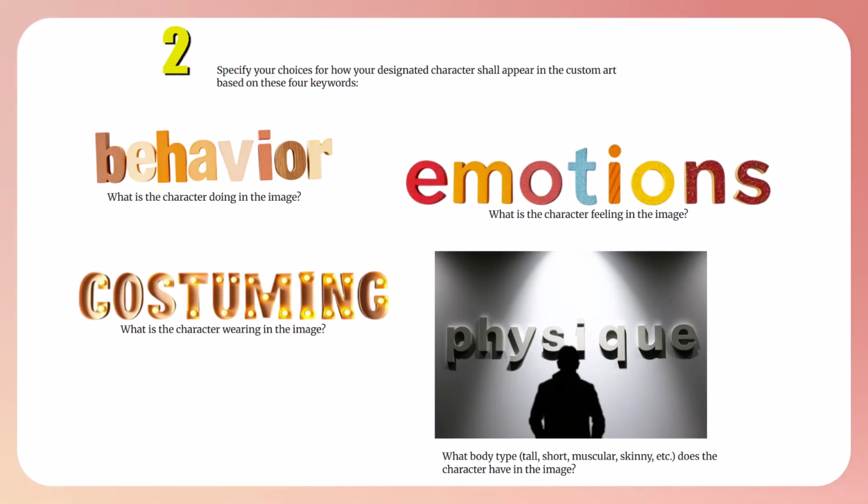So the first thing I've done in this video is show emotions. What is the character feeling in the image? And these keywords, there's only 4, making it very simple for you to tell me what you would like. Now I know many people have some difficulty saying exactly what they're looking for.